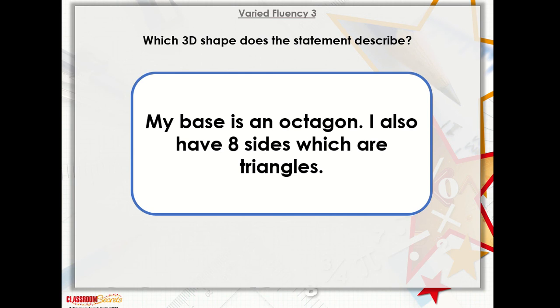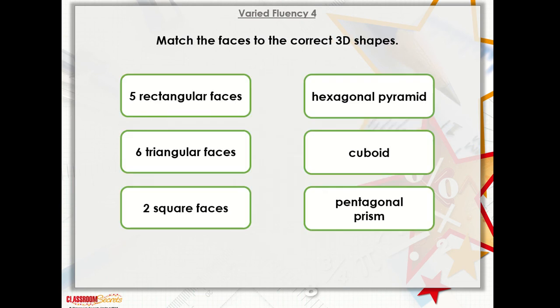Well, an octagon has got 8 sides, and because it's got a base and triangular faces, that tells me it's an octagonal pyramid. And there we are. The only other shape that has triangles on it is a triangular prism, which we found out about in our warm-up activity.